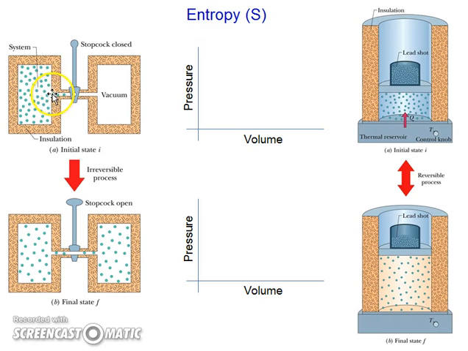This is the stopcock to the left of the thermally insulated container. All the gas molecules are in this container. This is a vacuum. If we open this stopcock, the gas rushes to fill the entire container, eventually reaching the final equilibrium state.